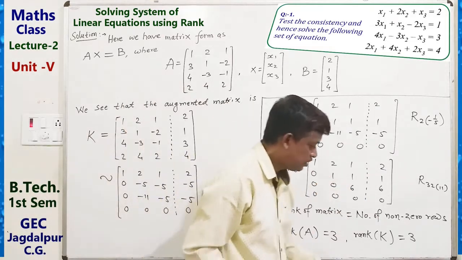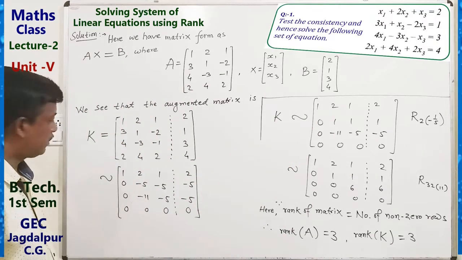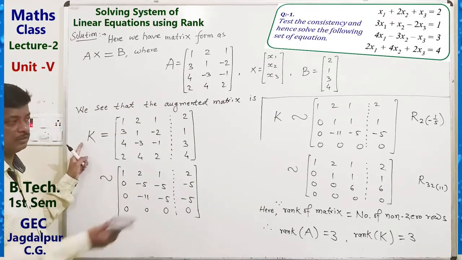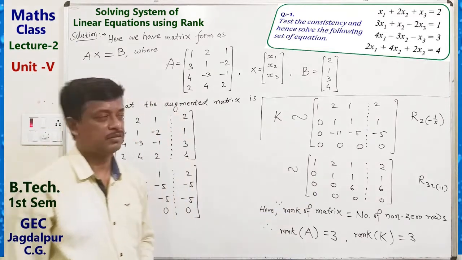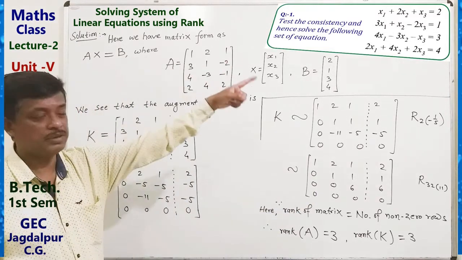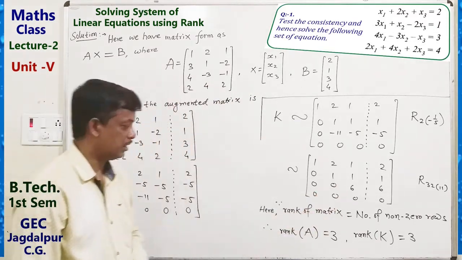This is the equivalent matrix of K. That is, the equivalent system can be written from here. Okay.